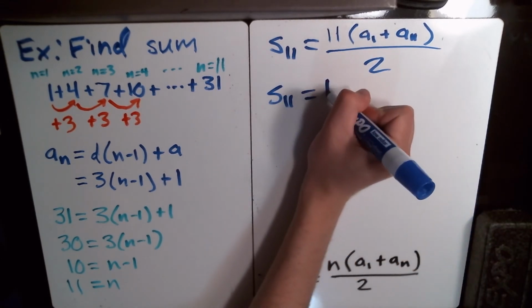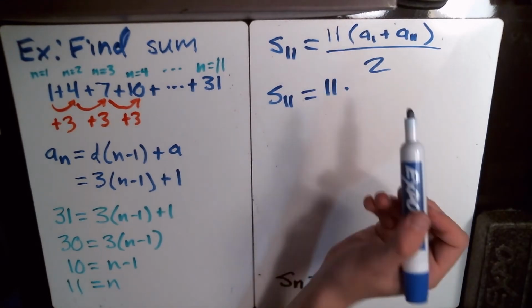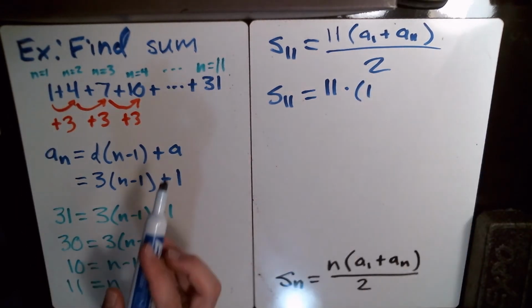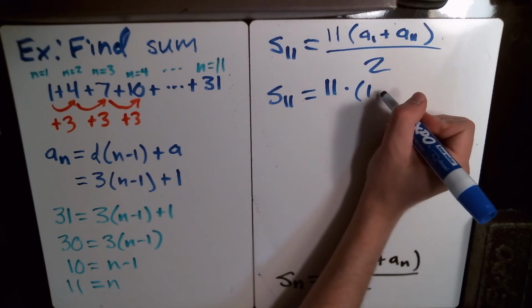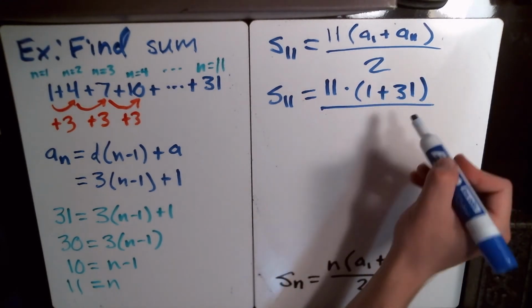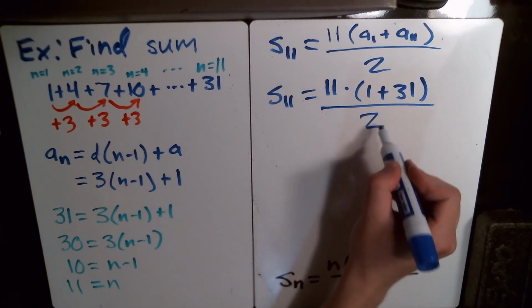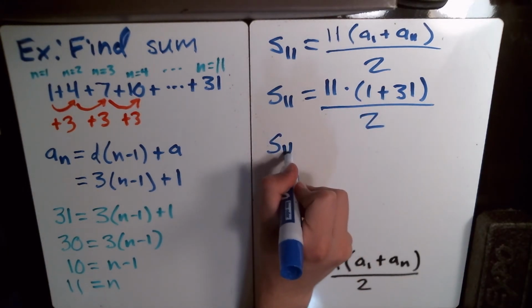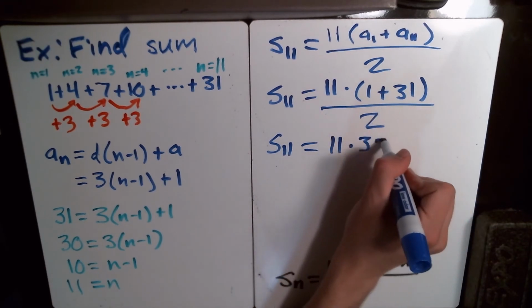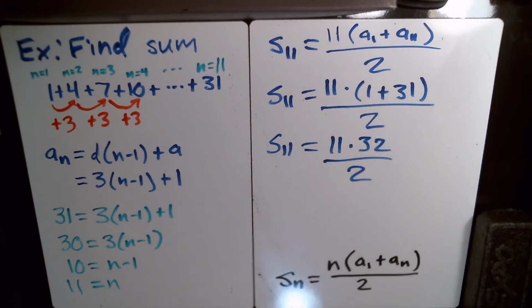So it's going to be 11 times, a1 was 1, that was our first thing in the sum. The last thing in the sum was 31. And then divide by 2. So we've got 11 times 32 divided by 2.